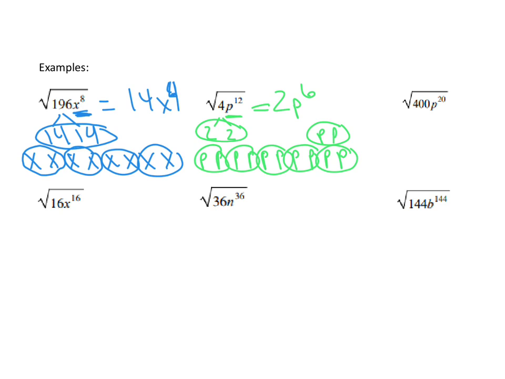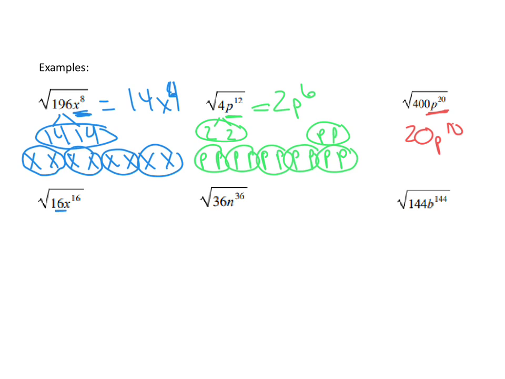Okay, so let's make this easy on ourselves. Square root of 400, we put that in our calculator. Square root of 400 is 20. Remember, you're hitting the second x squared. And then p to the 20th, so half of 20 would be 10. If we look at the next one, we have 16x to the 16th.